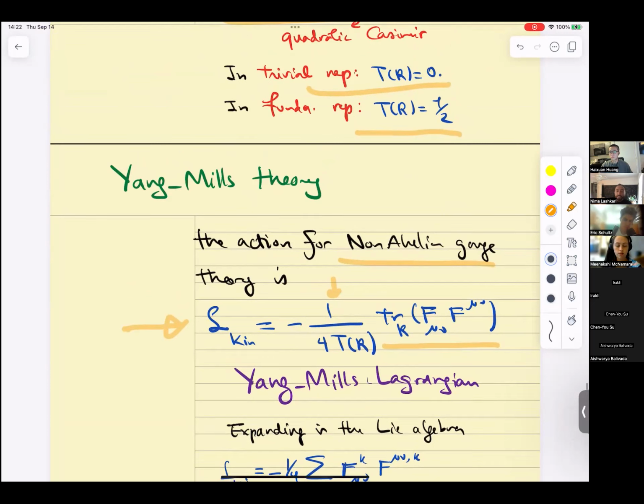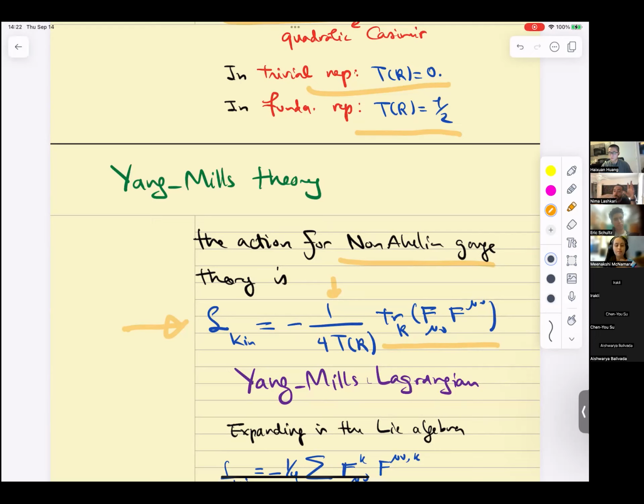Where does the 1/4 come from? Oh, that's another conventional thing. Actually, I had the 1/4 in electrodynamics as well. I went through this in one of the lectures. If you recall, for a scalar field, we normalize by half, right? Because it's phi squared, and you take a derivative with respect to phi, so the term that shows up in the equations of motion is linear.